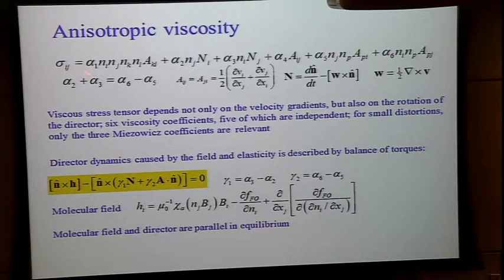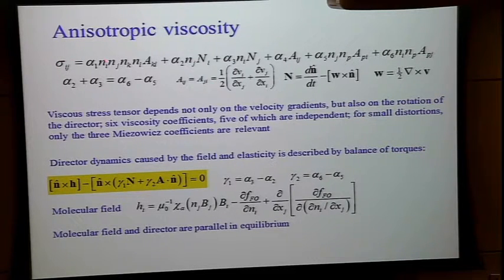But the bottom line is that the viscous stress tensor in the nematic liquid crystal, I'll be talking about nematics only for the rest of today, depends not only on the gradients of velocities, like in this term, and this term represents isotropic viscosity, because you see the tensor A_ij is nothing else but the symmetric tensor of velocity gradients.